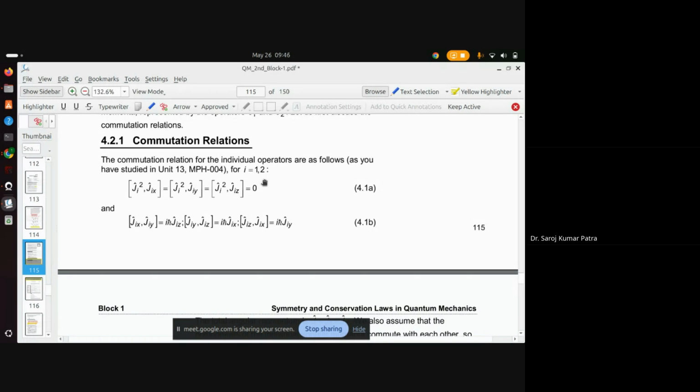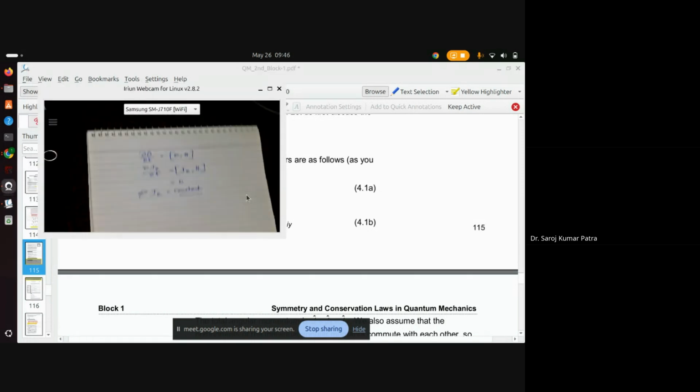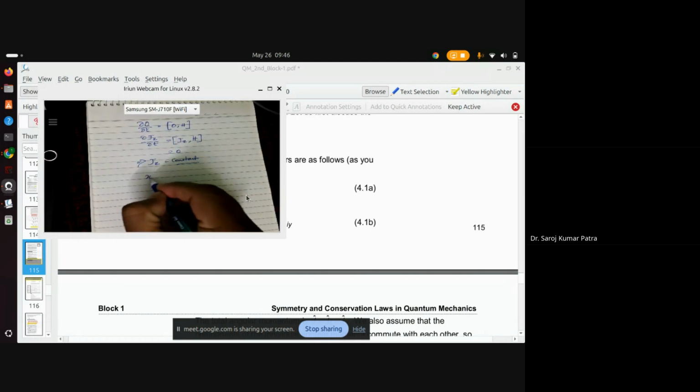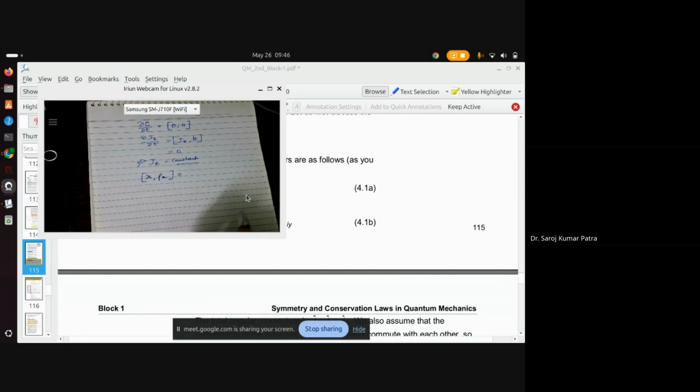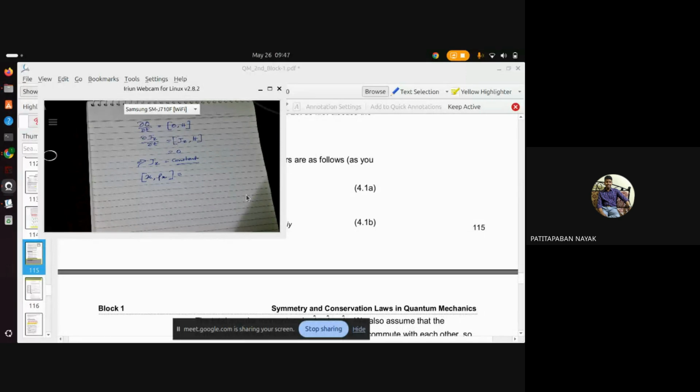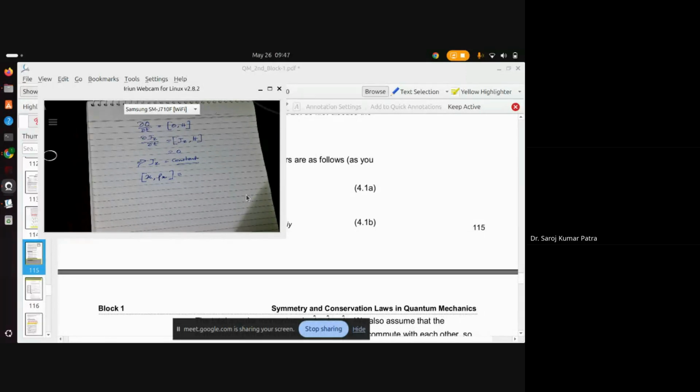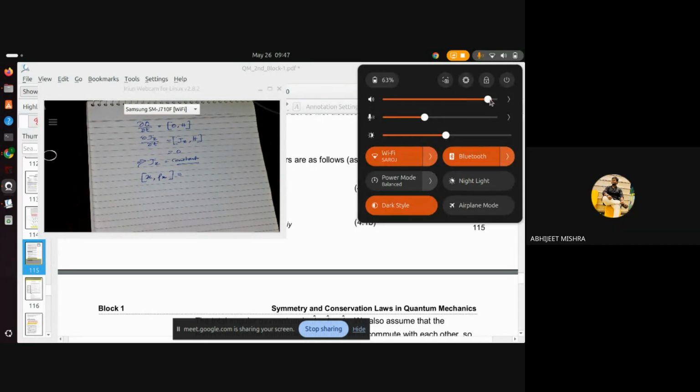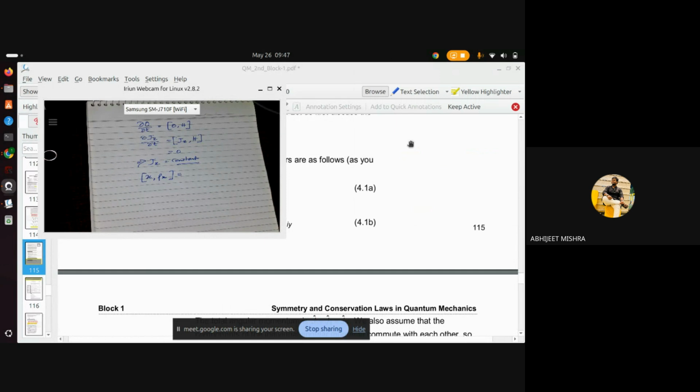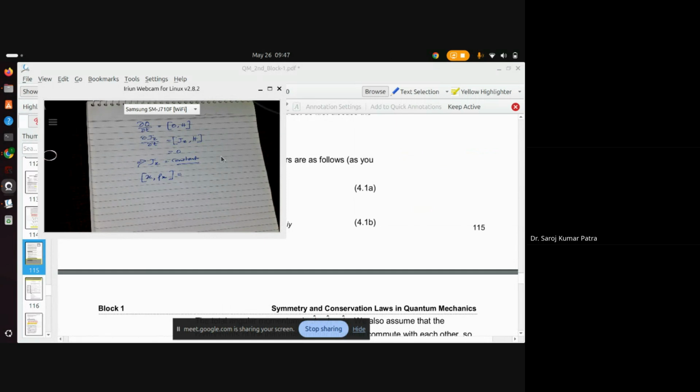Okay, let me reframe my question. If I'm writing the commutator of X and PX, what is the value of this one? iħ. What is the value of the commutator of X and PX? Zero. Is it 0? Yes, sir.